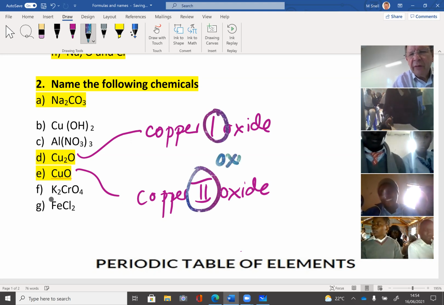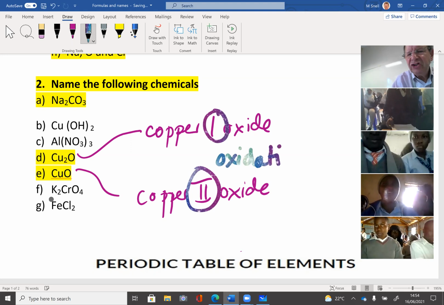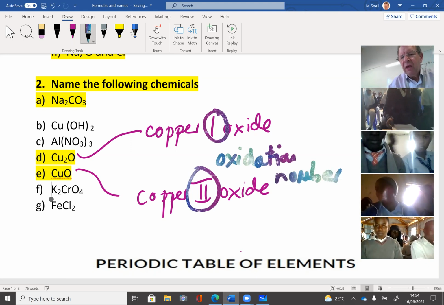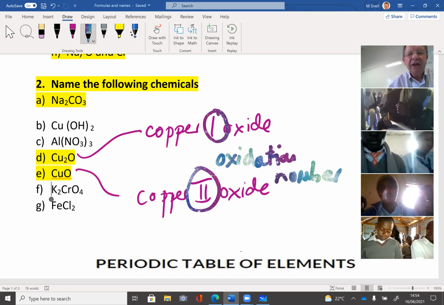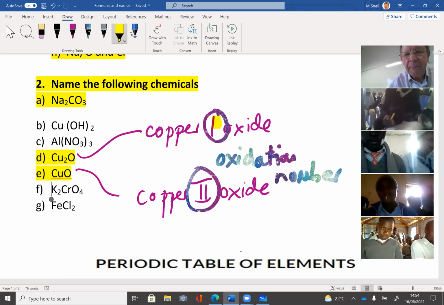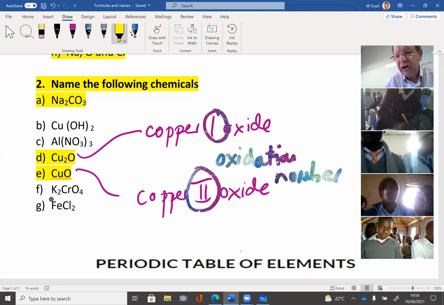I want you to know it as oxidation number. Okay, oxidation number is very important because we will be doing oxidation numbers when we are looking at oxidation and reduction later. Oxidation number is very similar to valency, but it's not quite the same.